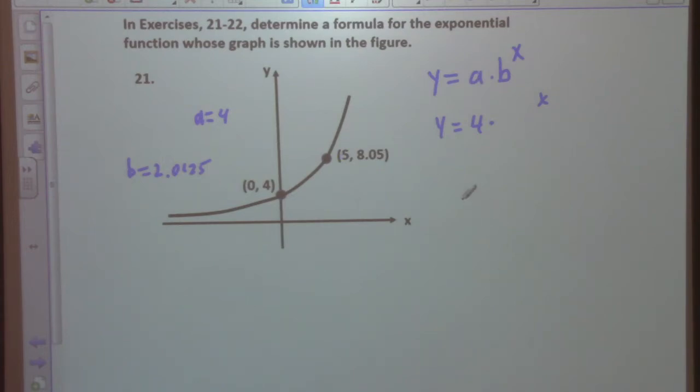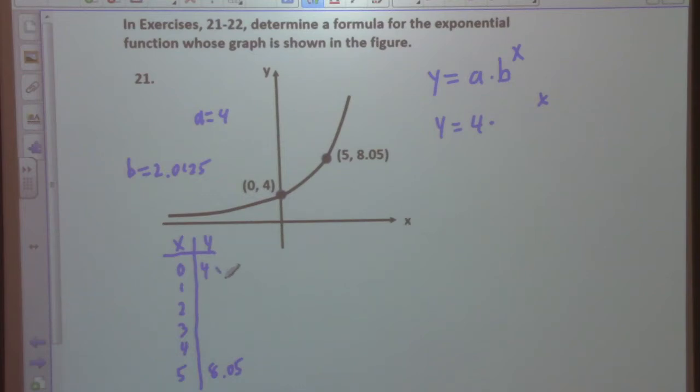Okay, I want to show you some logic for how to find that. If you have x, y, and you have here 0, 4, and down here at 5, you have an output value 8.05. What happens is we have not only 0, but intervening, we have 1, 2, 3, 4, then 5.